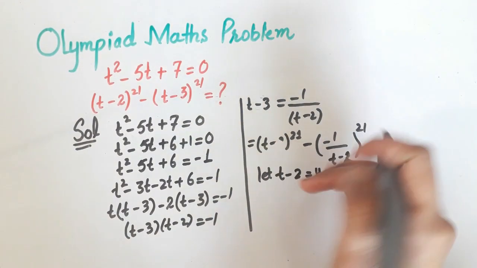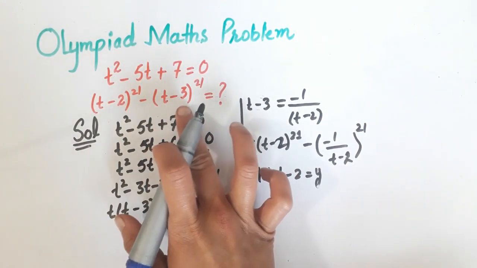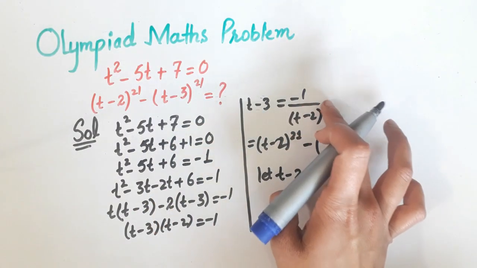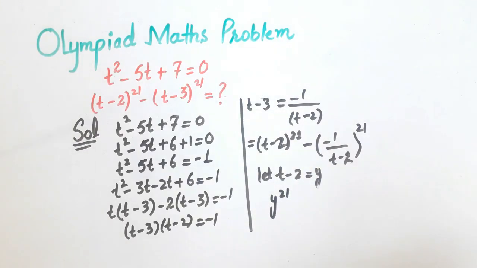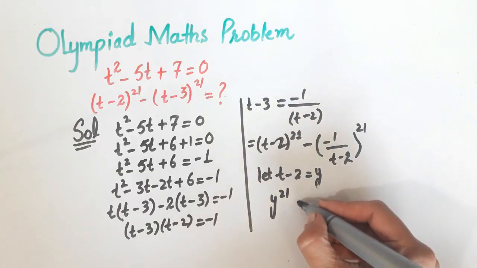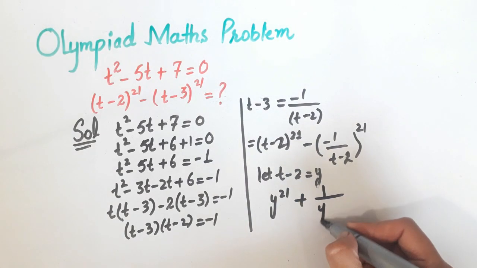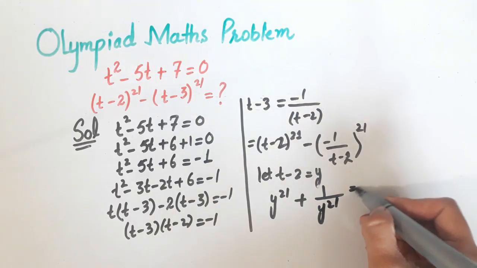In place of (t minus 3) power 21 we have substituted its value, that is minus 1 by y power 21. So this will equal 1 by, minus minus will become plus, 1 by y power 21. And that equals what? We have to find its value.